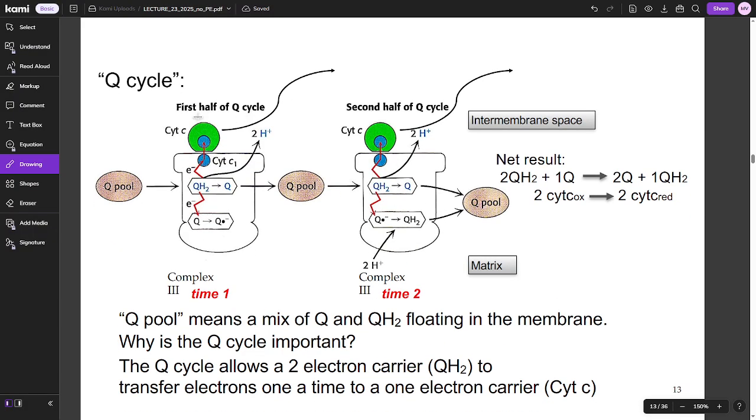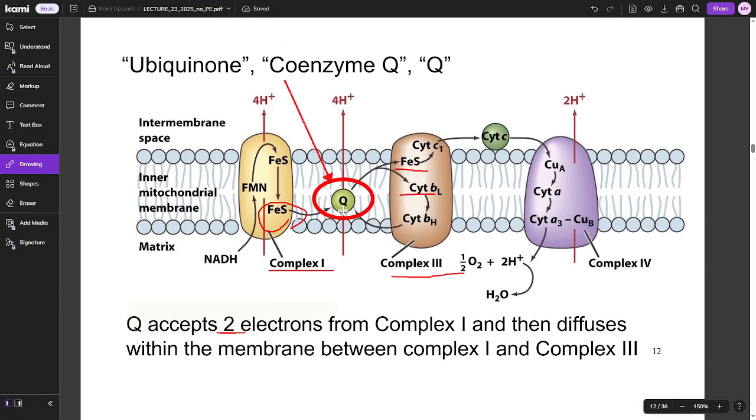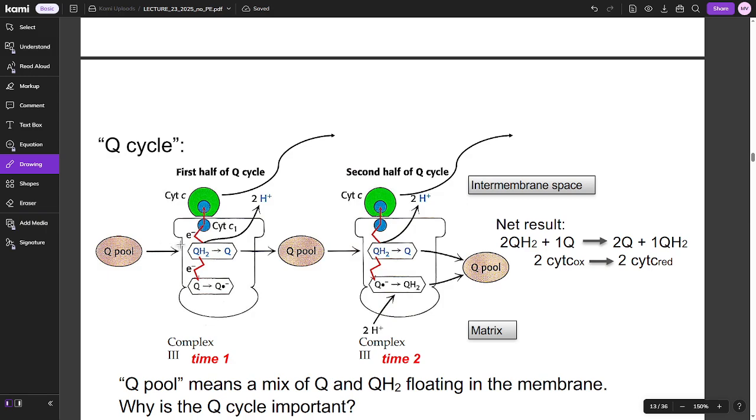So in the Q cycle, essentially what's happening is, starting with this quinone, we donate our electrons, and one of the electrons goes up to cytochrome c, and one of them goes down to this Q and becomes a Q radical.